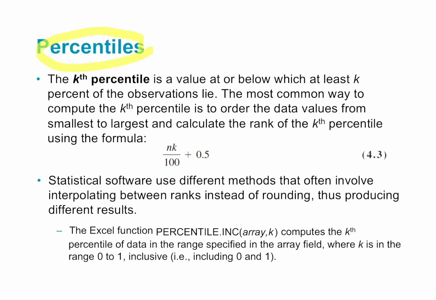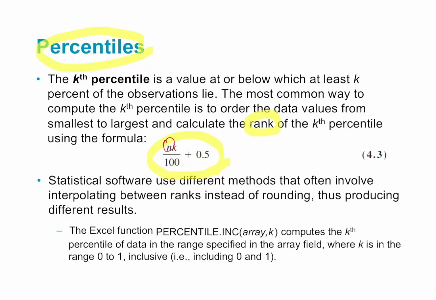Now, to compute this manually, you sort the data smallest to largest, and then calculate the rank using this formula: n times k divided by 100 plus 0.5, then round to the nearest whole number. And then you find the value at that rank in the sorted list.